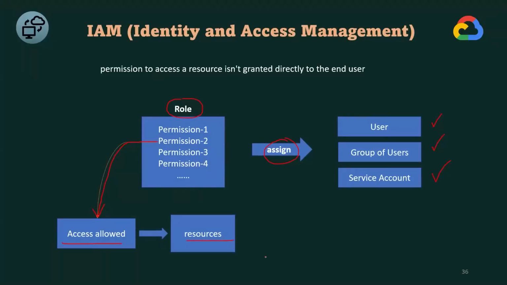So this simple diagram tells you a role will be assigned to identities. An identity can be a user account, a group of accounts, or a service account. A role is a set of permissions, and a permission is an access allowed on a particular resource. So this diagram gives you all the information.